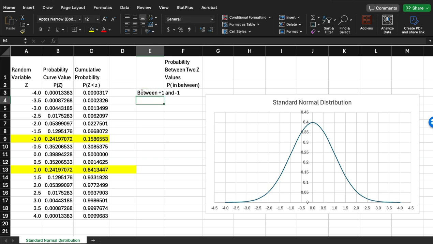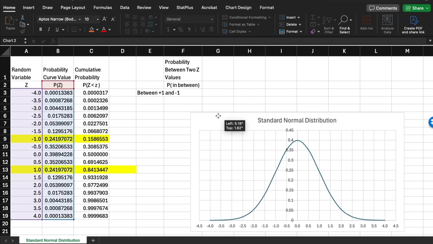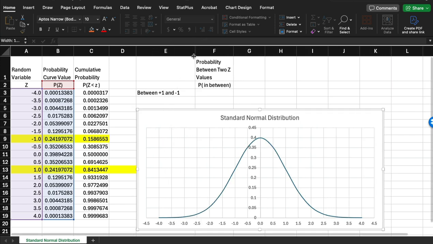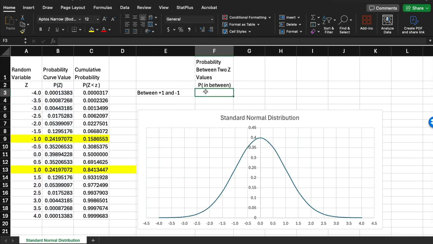So let's move this over. I'm going to expand this. So between positive 1 and negative 1. I've highlighted those numbers in the cumulative probability column. So over here, I'm just going to type equals, and I'm going to take the value from C13 and subtract the value from C9.